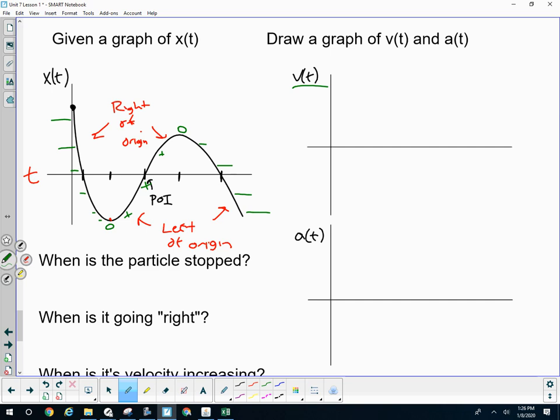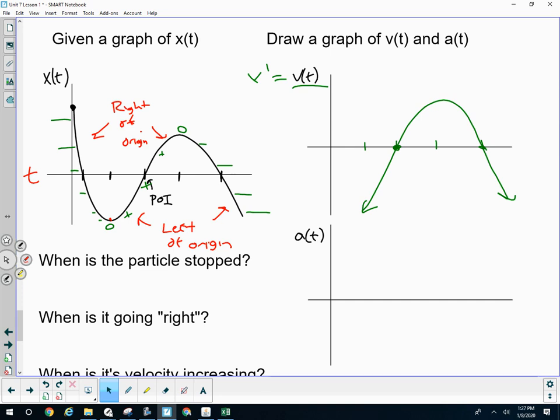I get to the origin, I keep moving to the right until I get to a place to the right of the origin where I stop, and then I start moving back to the left. You can sketch that. I've stopped at the second and the 4th second. Negative velocities, positive velocities, negative velocities. Look at that. This is the graph of x prime. That's just v.